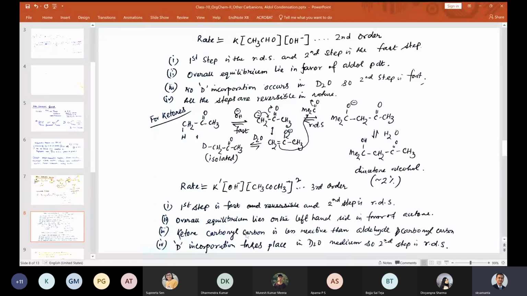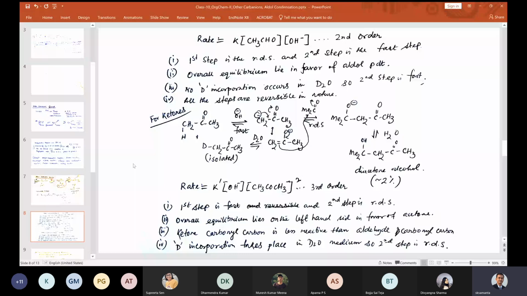The ketone carbonyl carbon is less reactive. This is the crucial point. Let's say I give you a question in the exam: compare the reactivity of aldol condensation between acetaldehyde and acetone and explain the difference of their mechanism. What would be your answer?